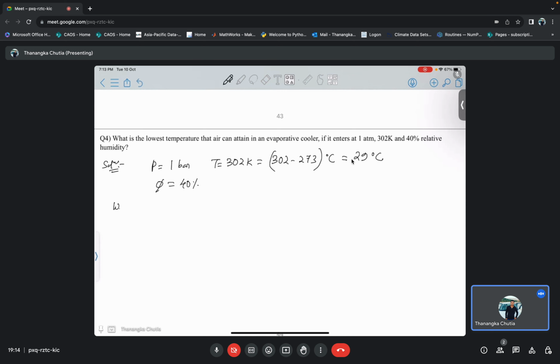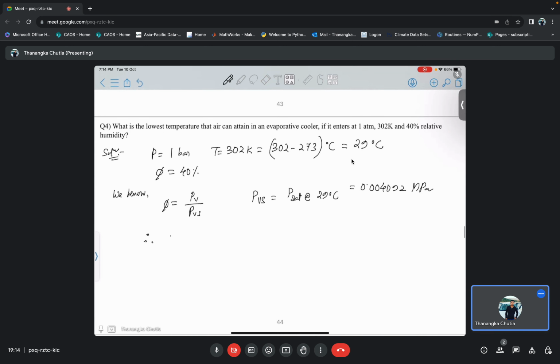So we know phi is equal to PV by PVS. Now PVS we can get from the steam table at 29 degrees Celsius, which is 0.004092 megapascal.